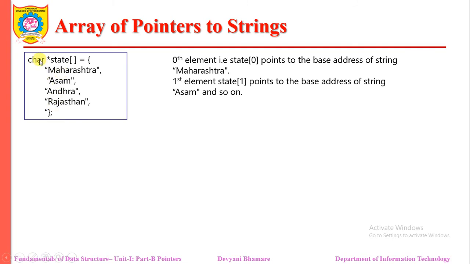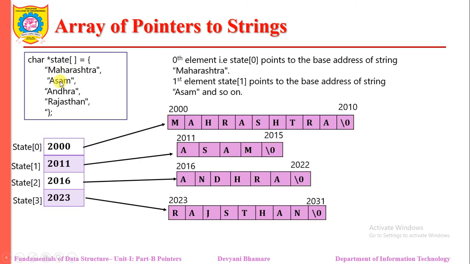So the zeroth element, state of 0, points to the base address of the string Maharashtra. Then the first element, state of 1, points to the base address of the string Assam. Whatever the base addresses are, they are held in this array of pointers. So these all are holding the base address of each row.